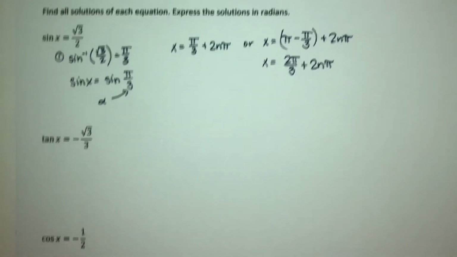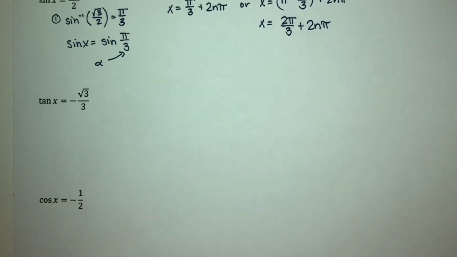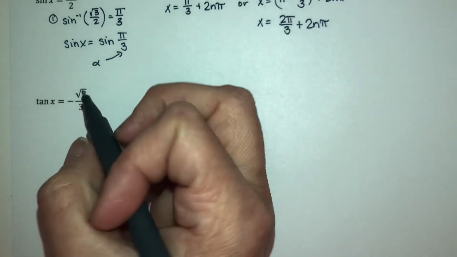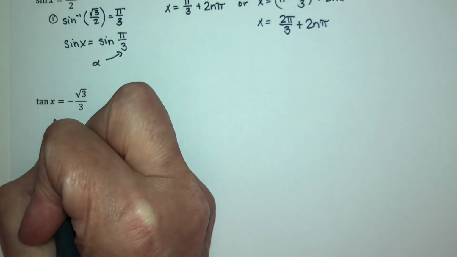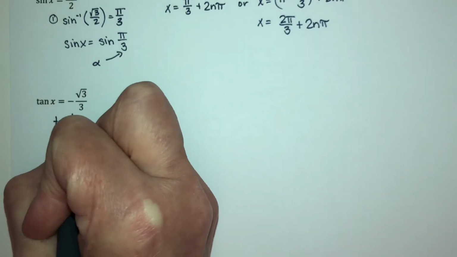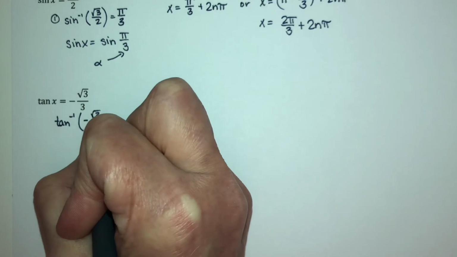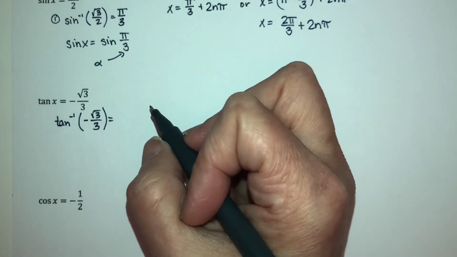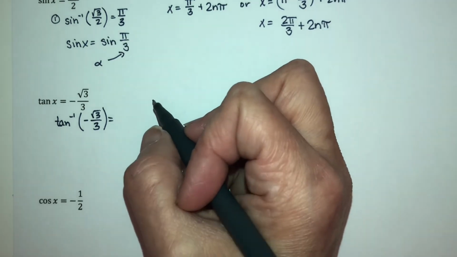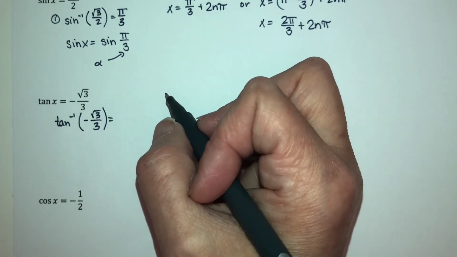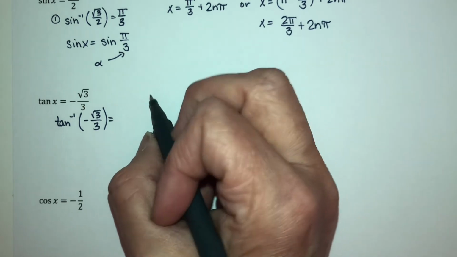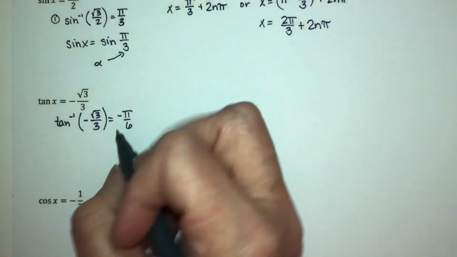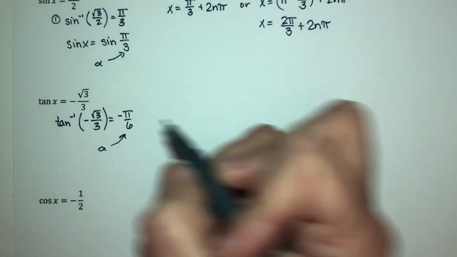Okay, let's solve tangent of x is equal to negative square root 3 over 3. Well, the first thing we do is we find tangent inverse of negative square root 3 over 3, and that's going to give us an angle that will work. Inverse tangent of negative square root 3 over 3 is equal to negative pi over 6. So negative pi over 6 is my alpha.